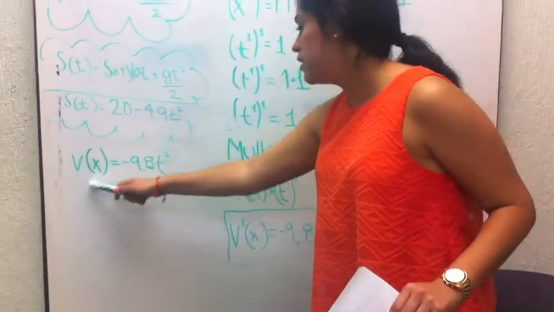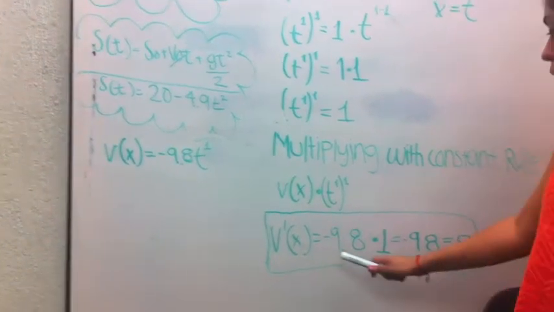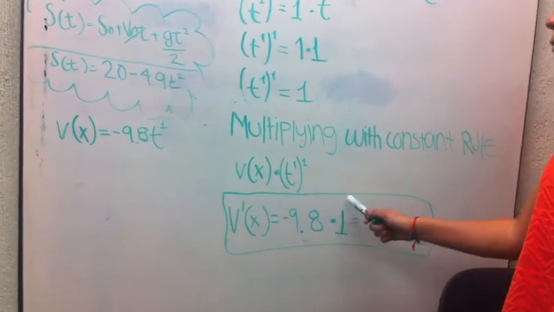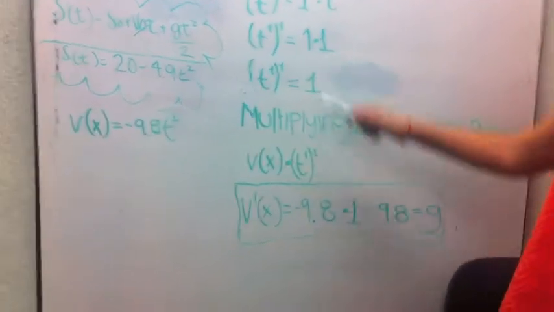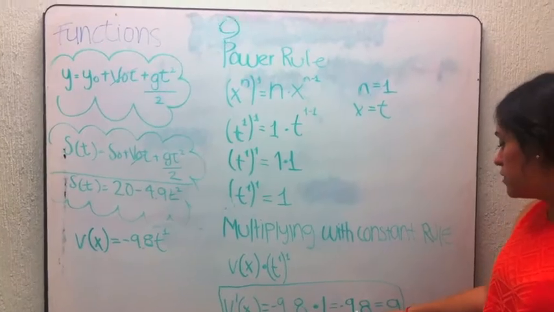Here we have b times x equals minus 9.8 t, so we have minus 9.8 times the 1 that we got here. It's equal to minus 9.8.